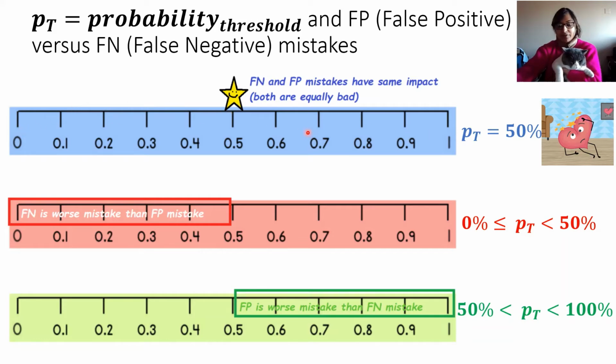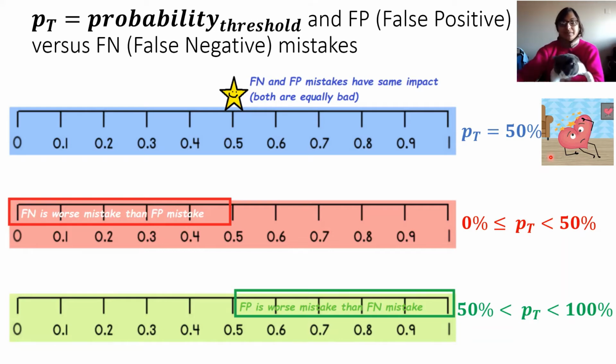Whenever you are greater than or equal to the probability threshold, we predict that you are positive and that you have the condition. But whenever you're less than the probability threshold, then we predict you're negative. These are predicted probabilities that are made from machine learning models. So when the probability threshold is 50%, then false negative and false positive mistakes have the same impact.